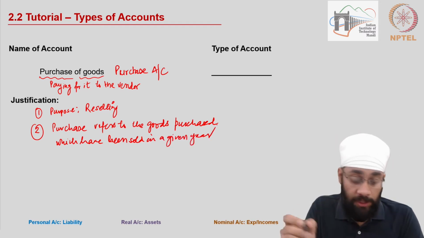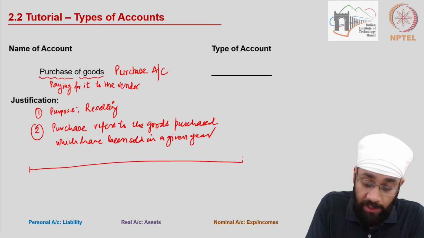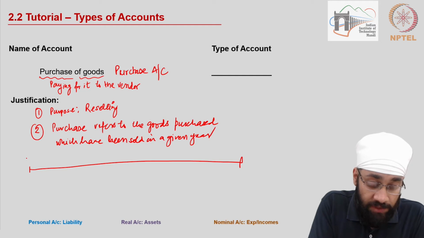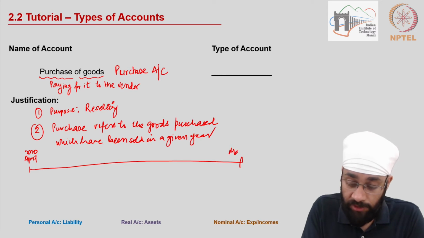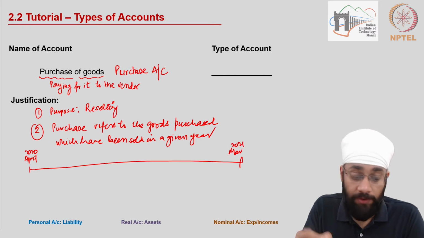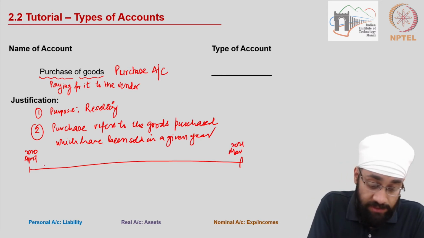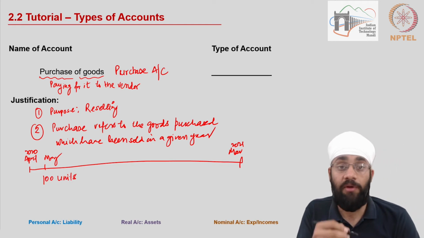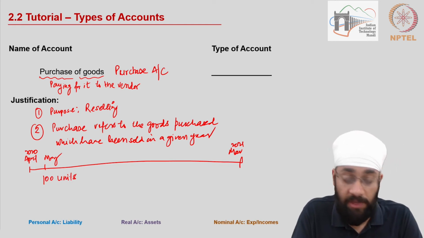All right. Now let me give you more details on that. This is a timeline. Let's say at the beginning of the year, which is April 2020, and this is March 2021. In the beginning of the year, let's say in May, you purchase 100 units. The idea is that you're going to sell them. Let's say you are a trader.